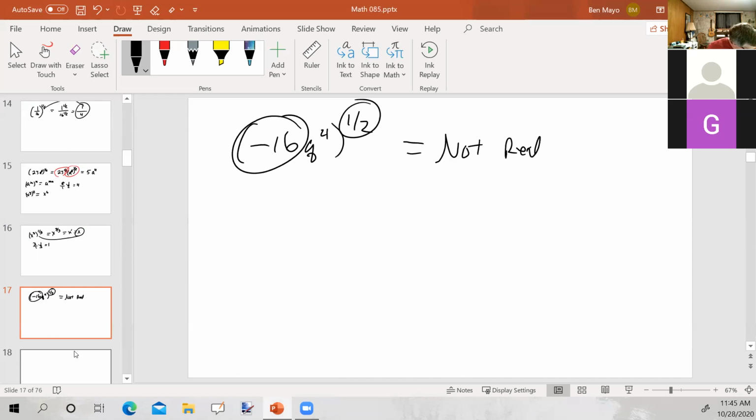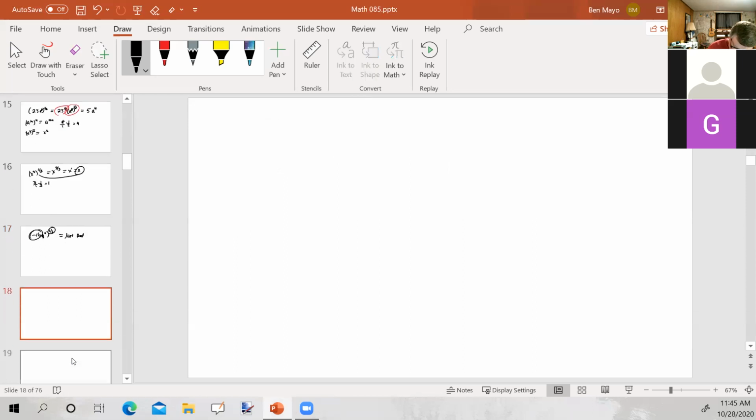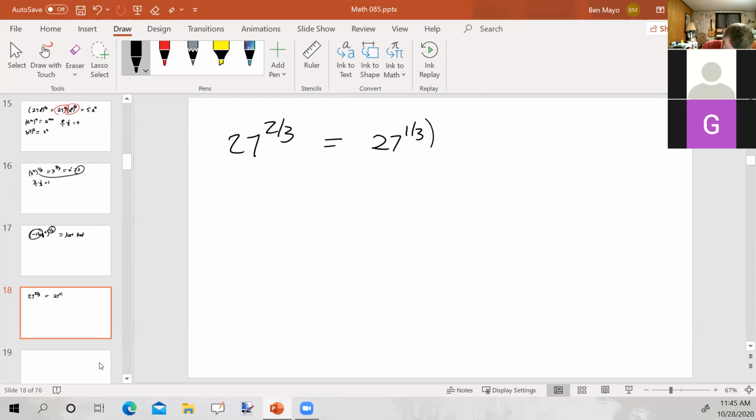Let's see here. 27 to the 2/3 power. So that's equal to 27 to the 1/3 power squared, because I could do the index and then the exponent. Or take the root and then the power, I guess I should say.